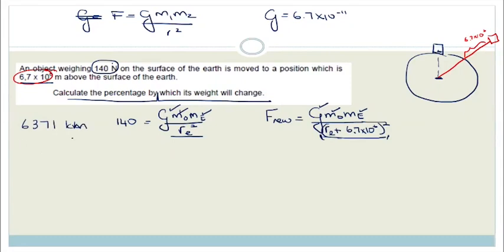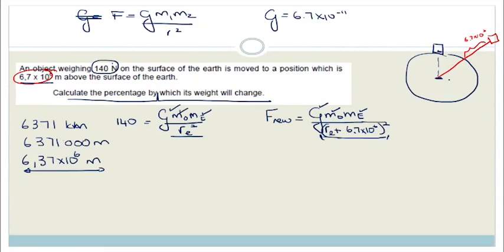If we change that into meters, that is 6,371,000 meters, which is 6.37 times 10 to the 6 meters. Do you see what is happening here? The radius of the Earth is 6.37 times 10 to the 6 meters. The amount that it's been moved up is 6.7 times 10 to the 6.